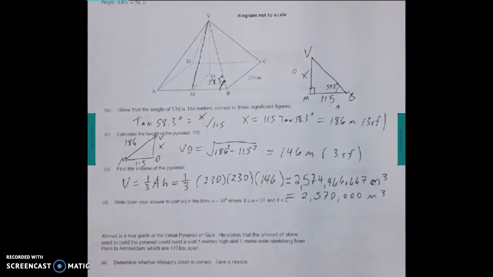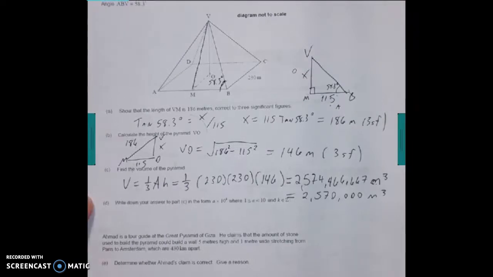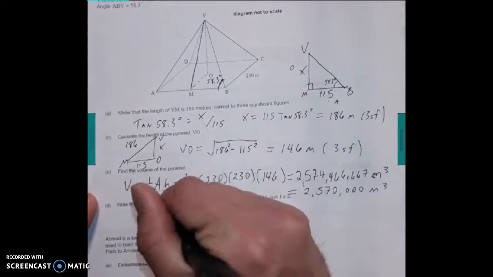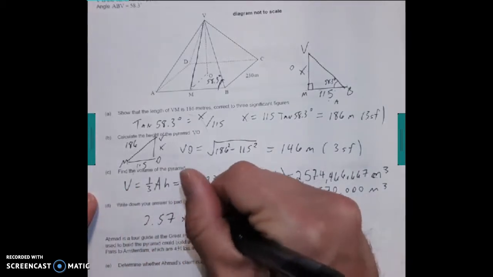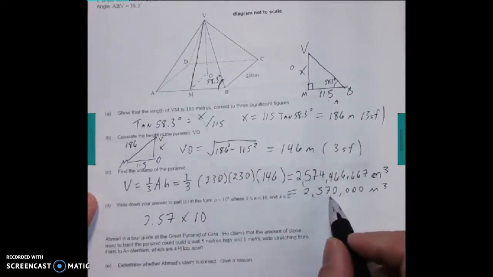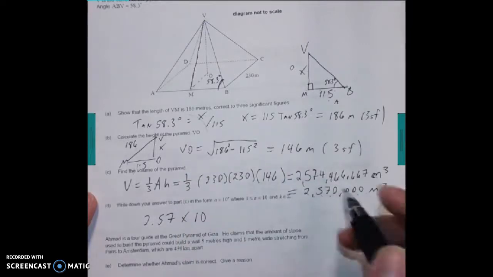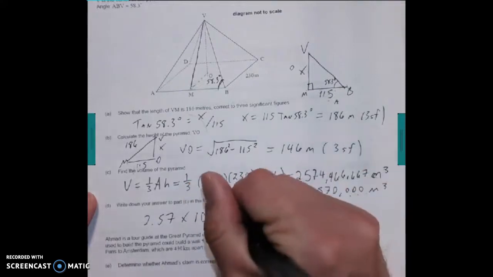And going back to the beginning of the year, write down your answer in the form of a times 10 to the k power, where a is a number between 1 and 10. So that's simply 2.57 times 10 to the 6th power meters cubed.